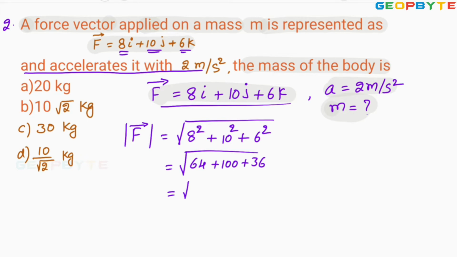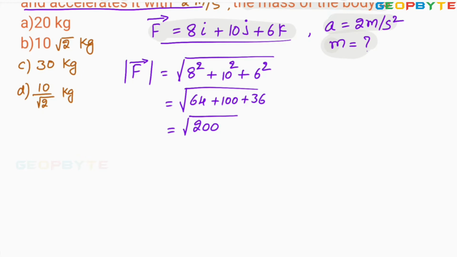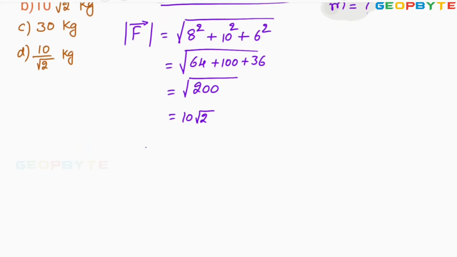It is root over 200, which can also be written as 10 root 2. That is the force. But according to Newton's second law, this force must be equal to mass times the acceleration.